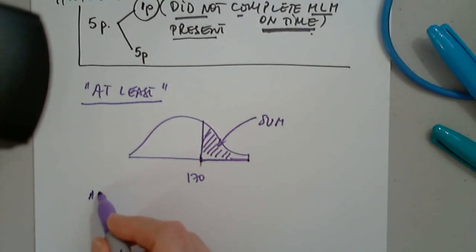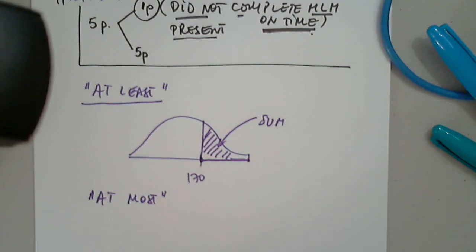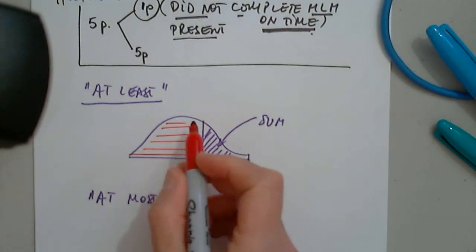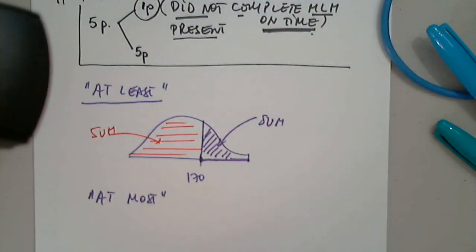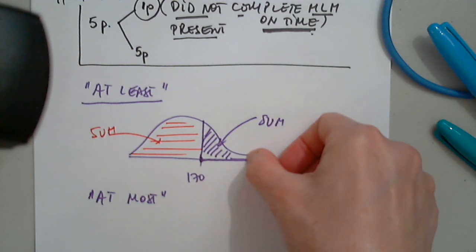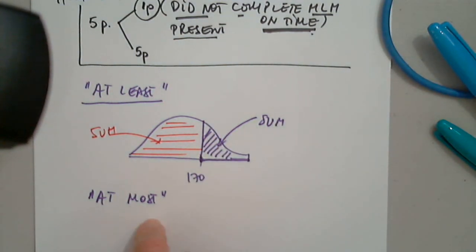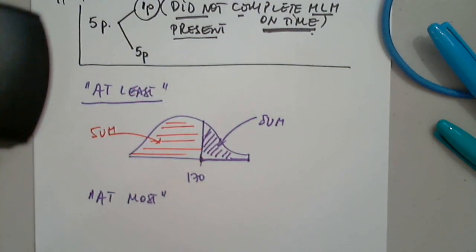At most 170 will be the sum of these. So at least, from here to the end, I have to add them all up. At most, I have from the lowest till 170. Please remember these two. We're going to use them a lot.